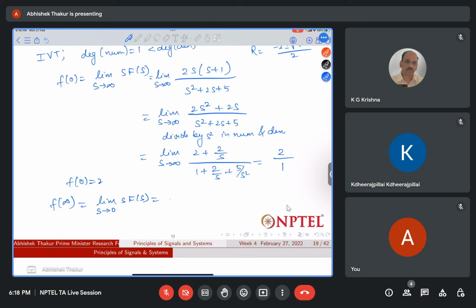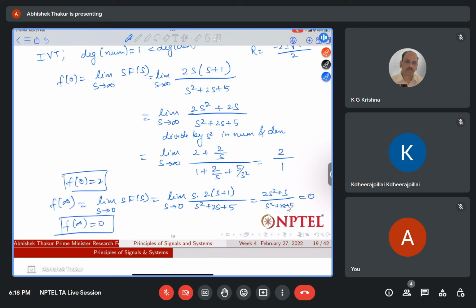So this will be limit s tends to 0 of s into (2s plus 1) divided by s squared plus 2s plus 5, that is 2s squared plus s divided by s squared plus 2s plus 5. When you substitute s equal to 0, you get 0. So the final value will be 0 and the initial value will be 2.